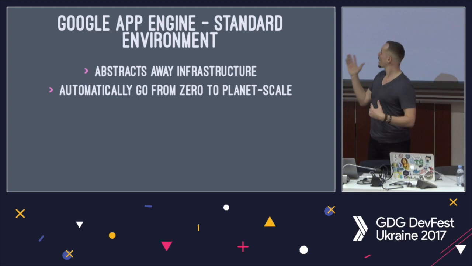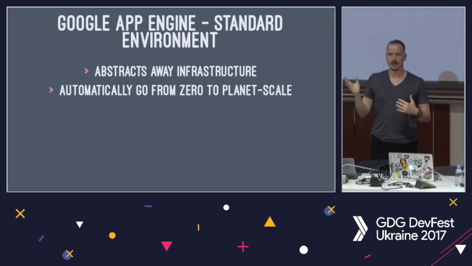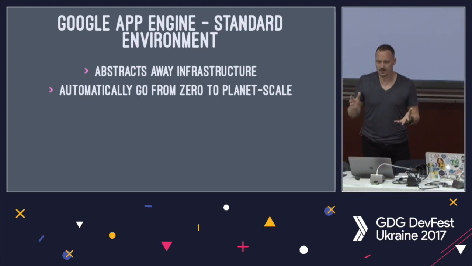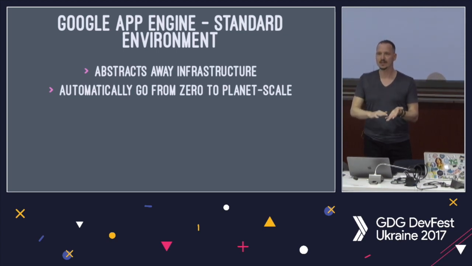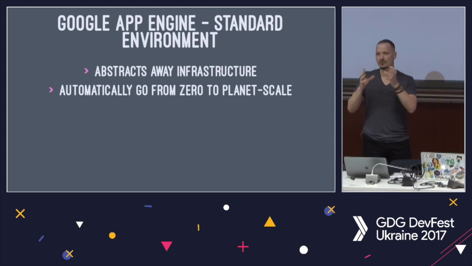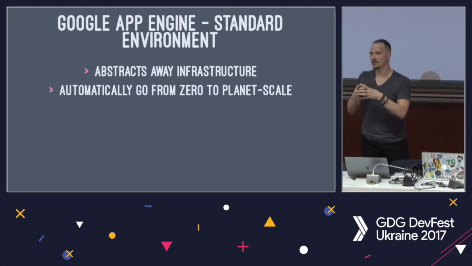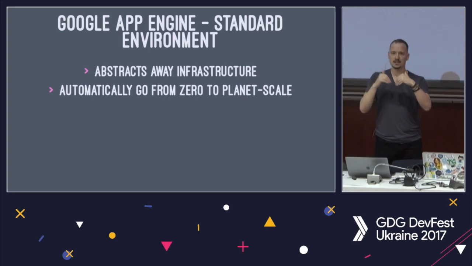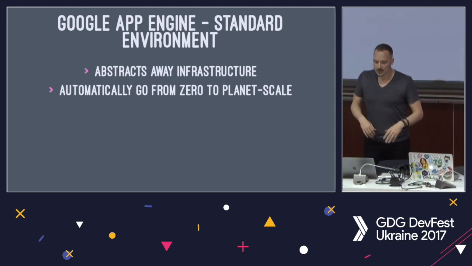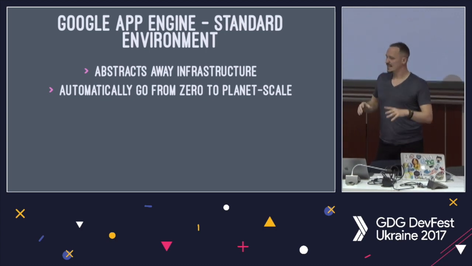Well, it abstracts away the environment, the infrastructure. This is why you can't use gRPC yet on App Engine Standard Edition, because it doesn't really give you a server that you can then have persistent connections to. It's abstracted.